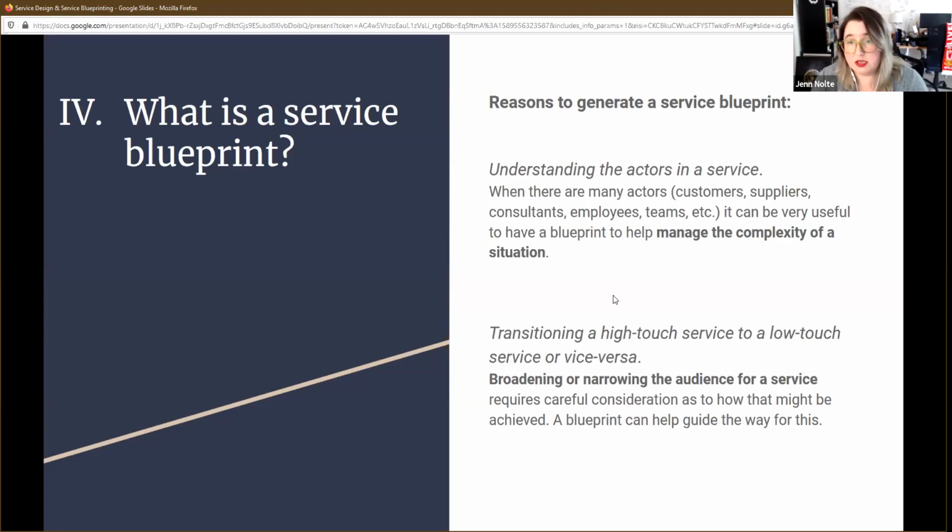Maybe the faculty are used to a highly analog process and the graduate students are not. Thinking through that and mapping, okay, here's what the faculty service blueprint looks like. What happens when we add graduate students as the audience? At what points are there going to be different expectations? A blueprint can help with that.